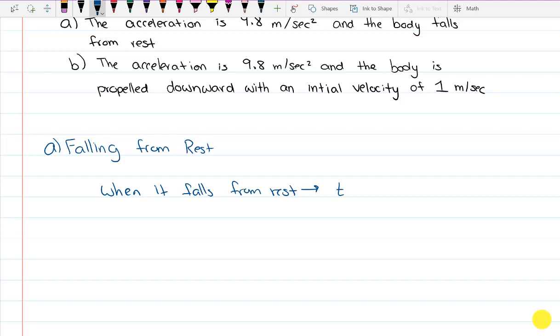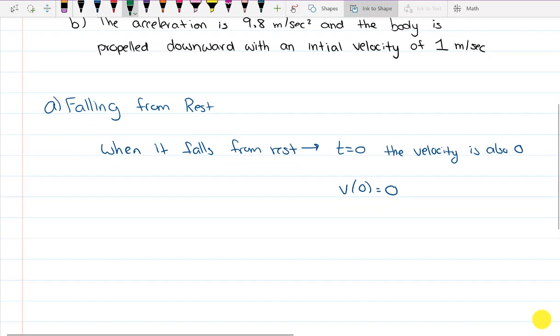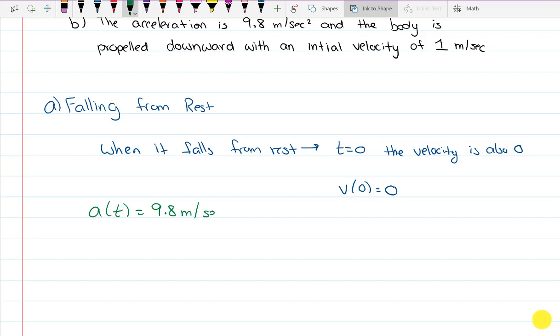So this is when t equals 0, the velocity is also 0. This means that v of 0 is equal to 0. This is important to point out because in the next problem this won't be the case. So let's start with acceleration. Acceleration is 9.8 meters per second squared.